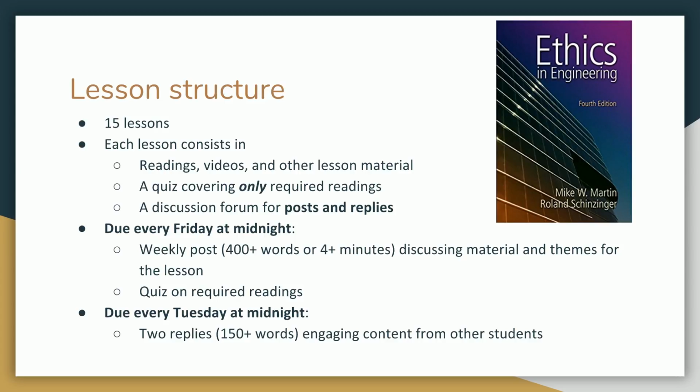But you can use any material, both required and optional, to do the other part of the assignment, which is the discussion forum. In the discussion forum, you're required every week to write a post and to give a few replies on other students' posts. So the quiz, the post, and replies are your 3 assignments every week for 15 lessons.